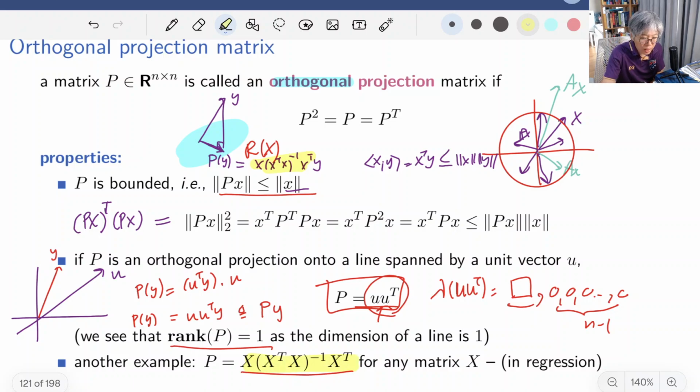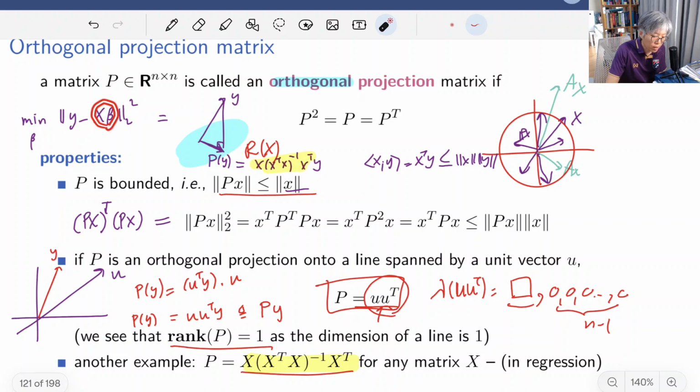It also has a meaning in regression, because that orthogonal projection matrix gives the same solution as the problem of minimizing the squared norm of y minus X beta over beta. This is the least squares problem. Give me a linear model parameterized by beta that gives me the y hat closest to y in the two-norm sense. That choice of beta is going to be this term.